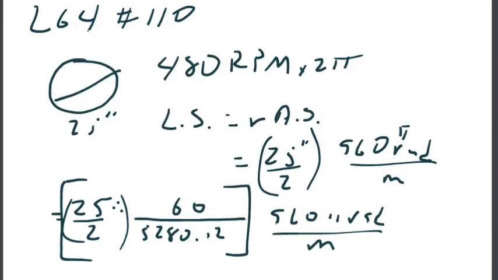And so here we go with poking buttons again. 25 divided by 2 times 60 divided by 5,280 divided by 12 times 960 times pi, and we get 35.7 as an answer, and that's in miles per hour. Miles per hour. Okay?